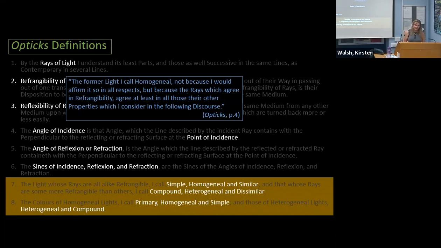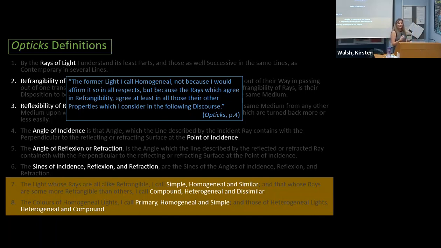So what's striking here is that in his earlier optical work, he argues for these. These are propositions. But here in his Optics, these are just definitions. What's going on here is that he thinks that, say, for yellow light, there can be two different kinds of yellow light.